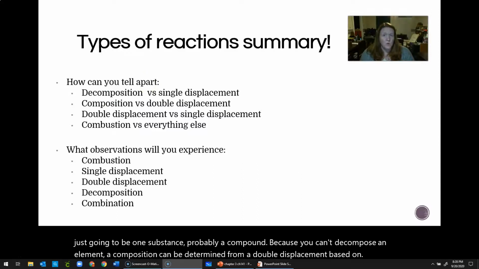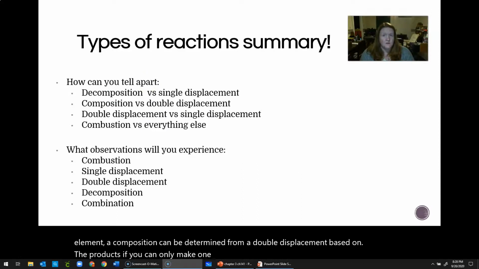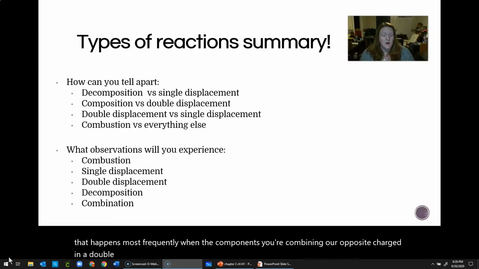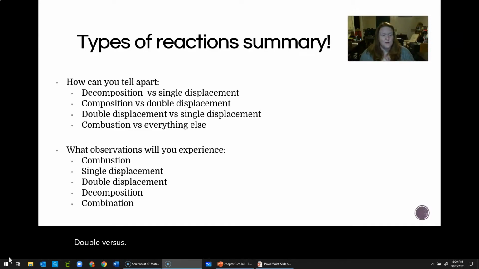If you can only make one product, that is going to be a composition reaction. That happens most frequently when the components you're combining are opposite charged. In a double displacement, you're going to have two compounds with positive and minus in each of them. Double versus single is going to be easy because a single has an element and doubles don't. Combustion is also easy because fire.